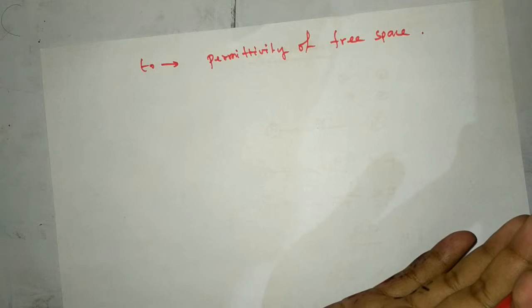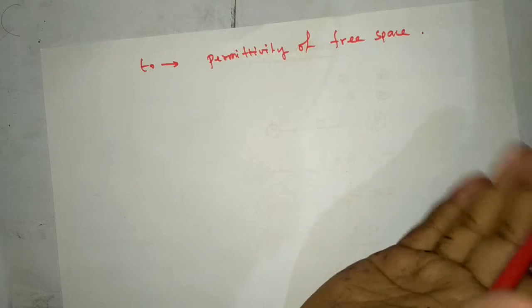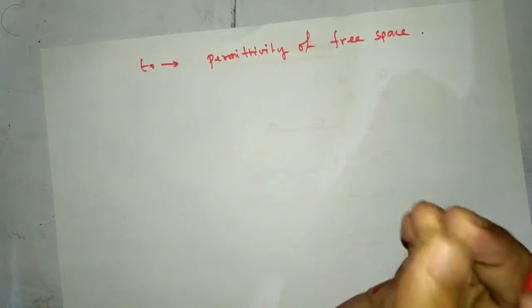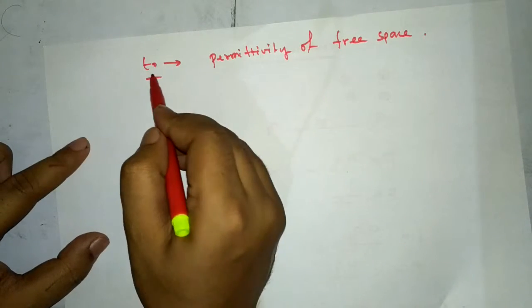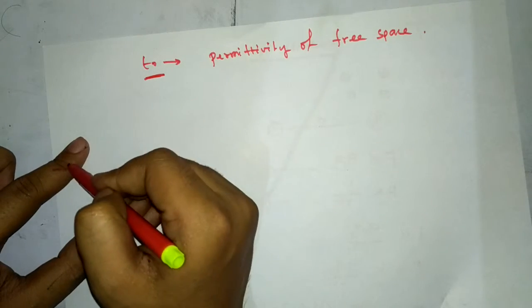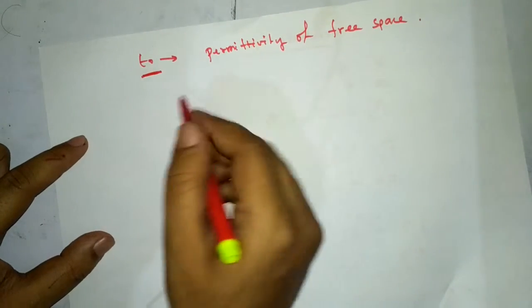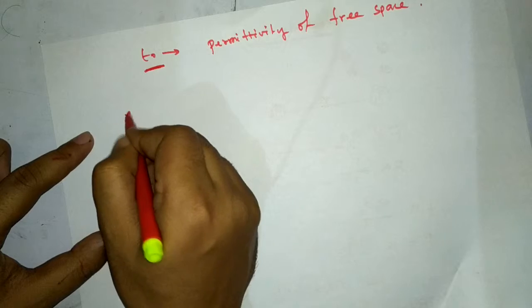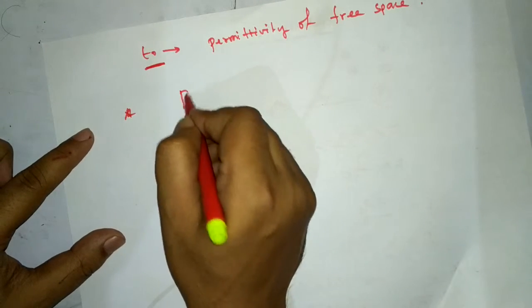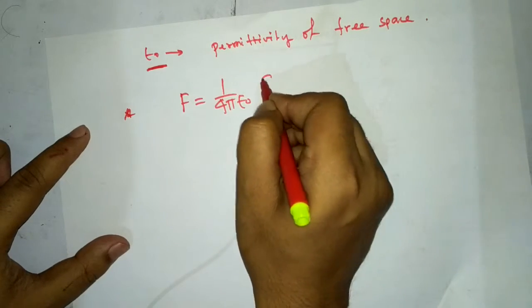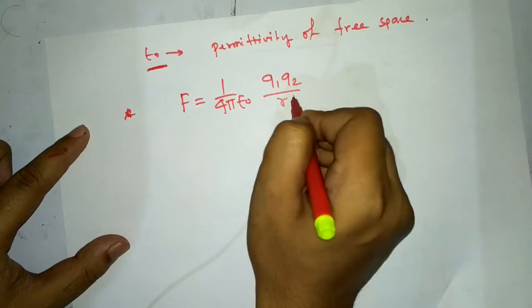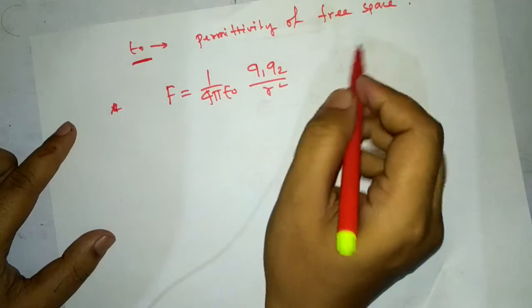The medium allows the electric field, and how much electric field is allowed by the medium is called permittivity. Epsilon naught is the permittivity of free space. So our force formula is F equals 1 by 4 pi epsilon naught Q1 Q2 by r square in SI unit.